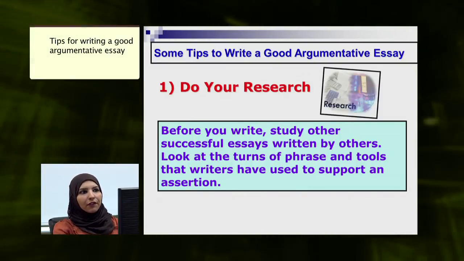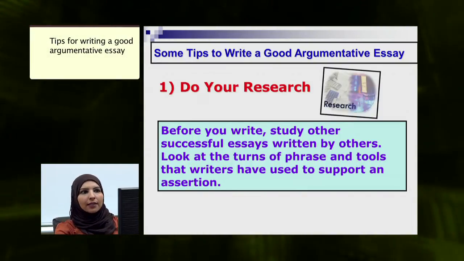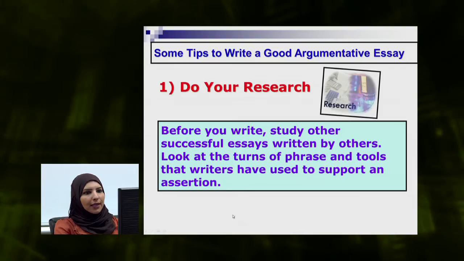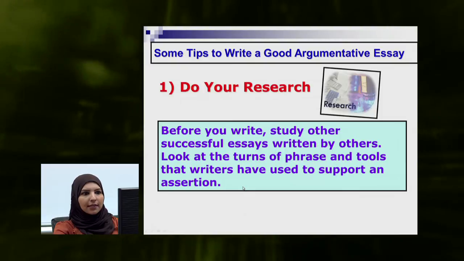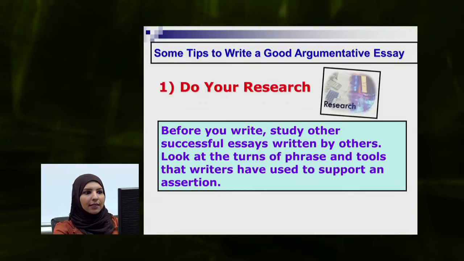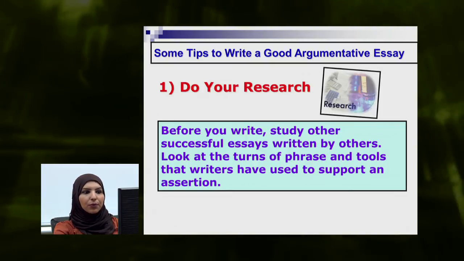Now, I would like to give you some tips in order to write a good argumentative essay. The first one is to do your research. Before you write, study other successful essays written by others. Look at the turns of phrase and tools that writers have used to support an assertion.